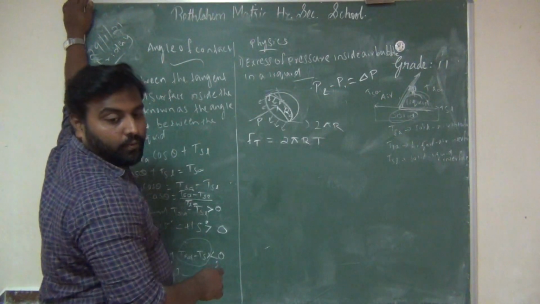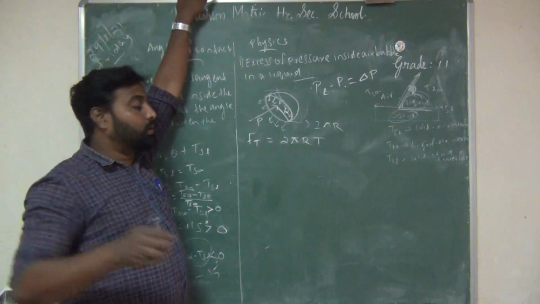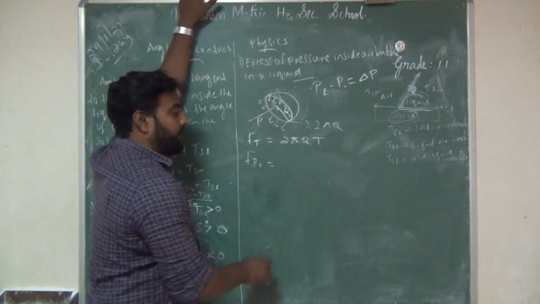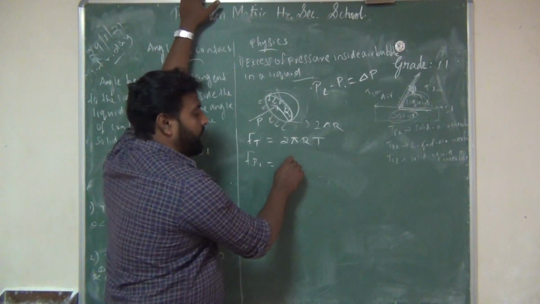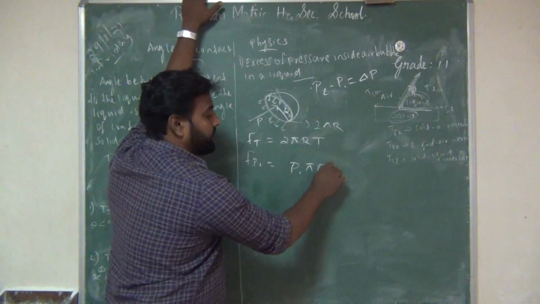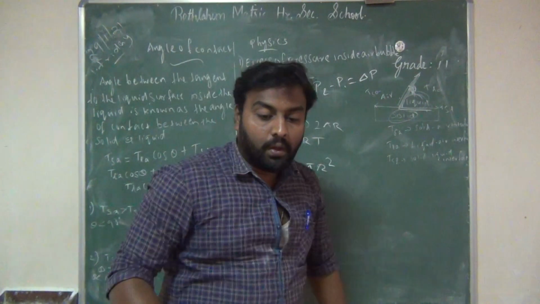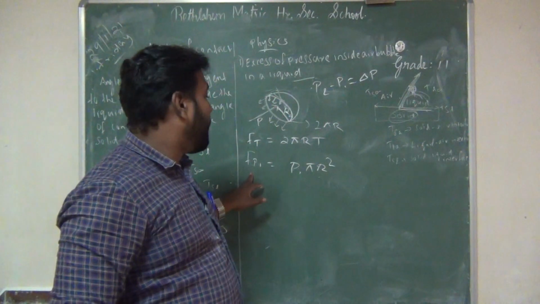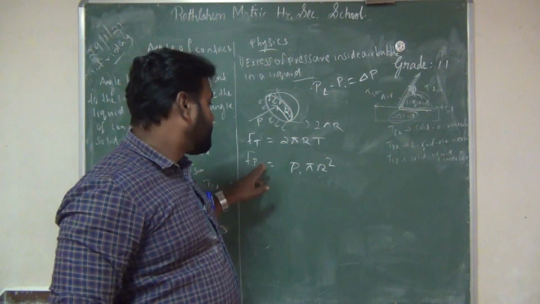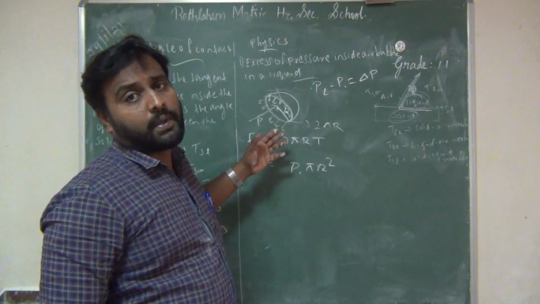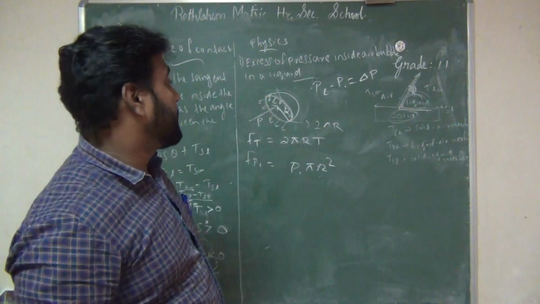And the force due to outside pressure P1 is P1 into pi r square. This is the force due to the outside pressure.